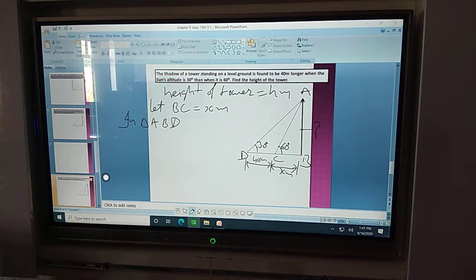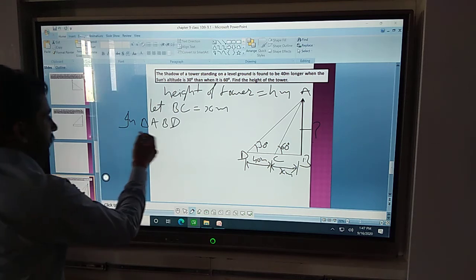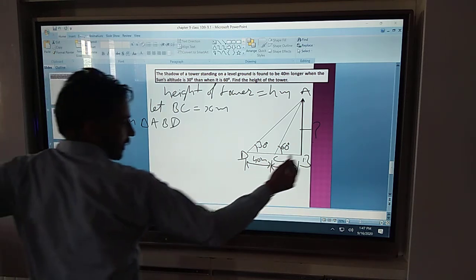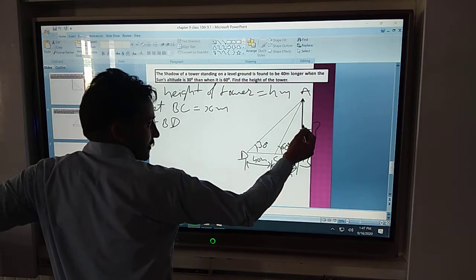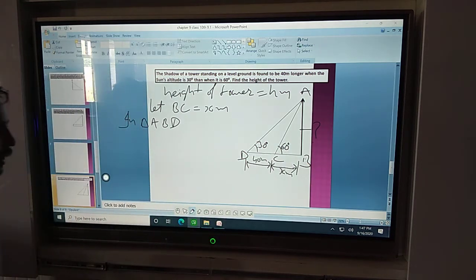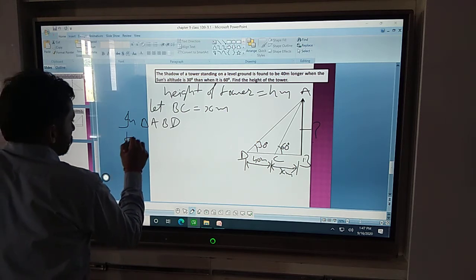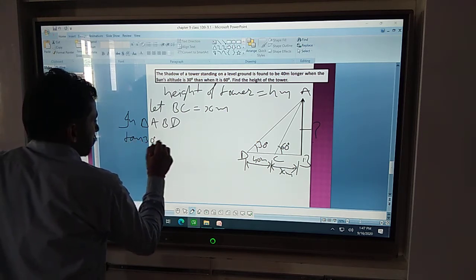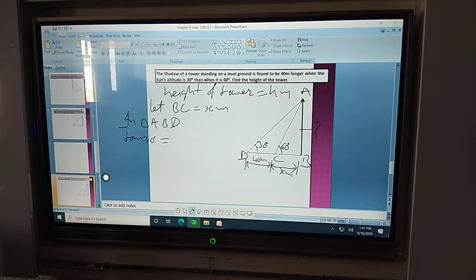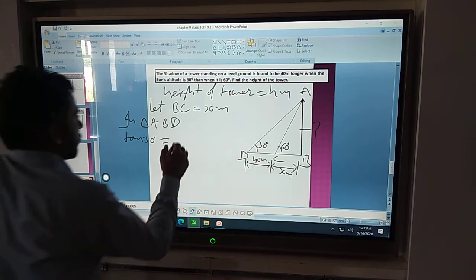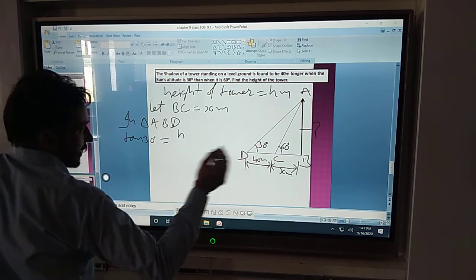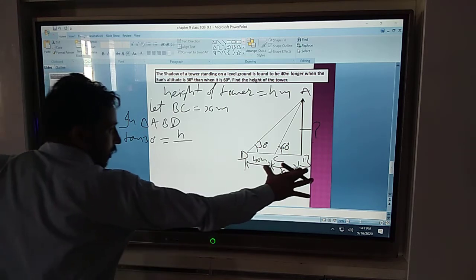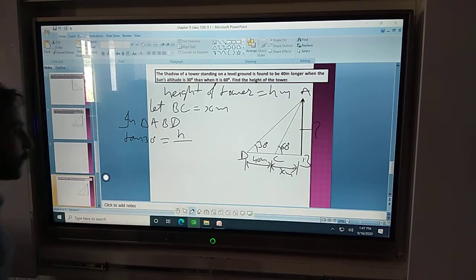Taking trigonometric relation, tan 30 is equal to, in triangle ABD, right angle at B, this is the theta, this is the perpendicular, this is the base. Now we have to find the perpendicular. Tan is perpendicular over base, therefore it becomes AB, which is the h we have supposed, over BD. What is BD? Now BD is 40 plus x.